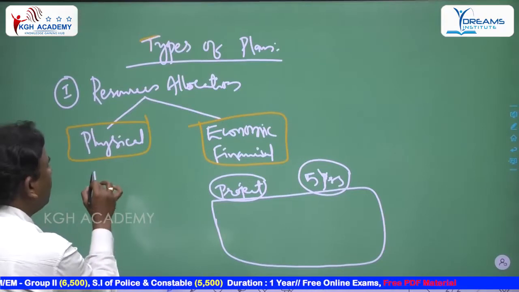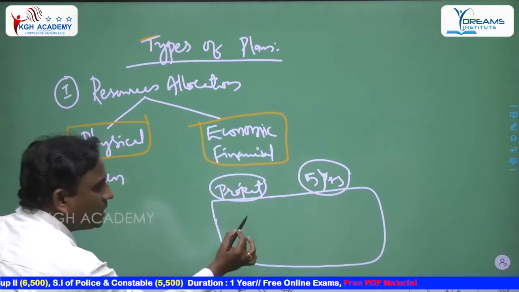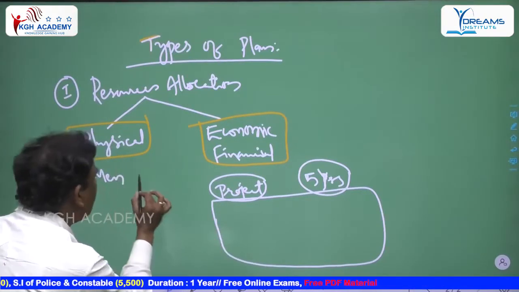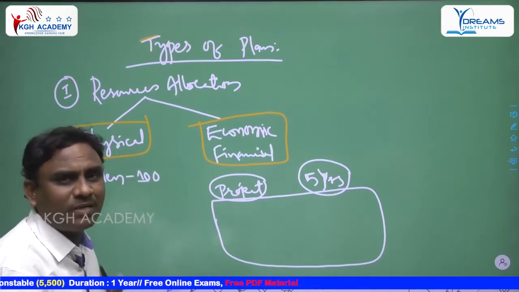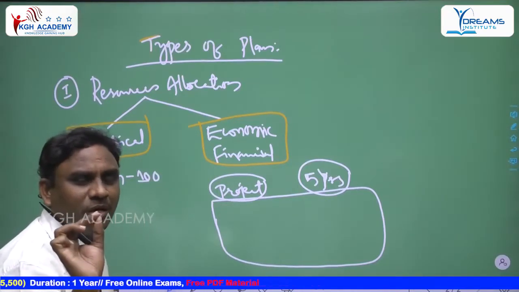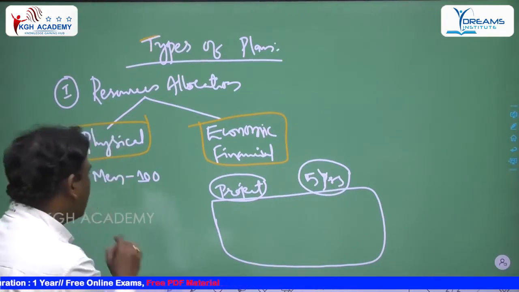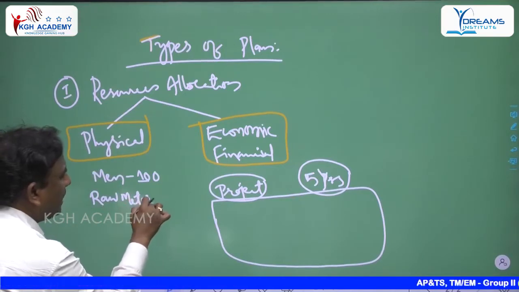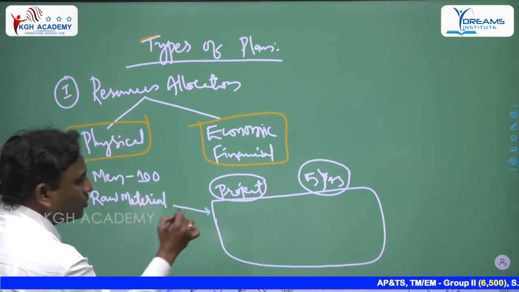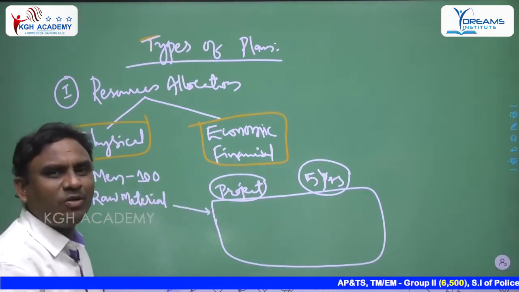This project required 100 people, supplied 100 people, not money, only men. Whatever raw material is required is supplied by the government.